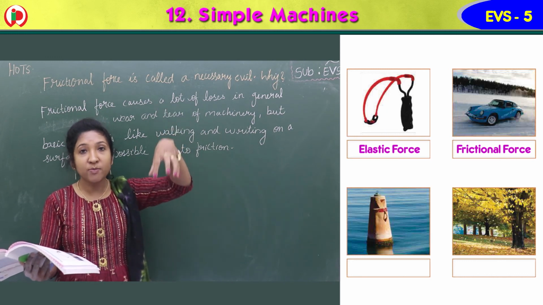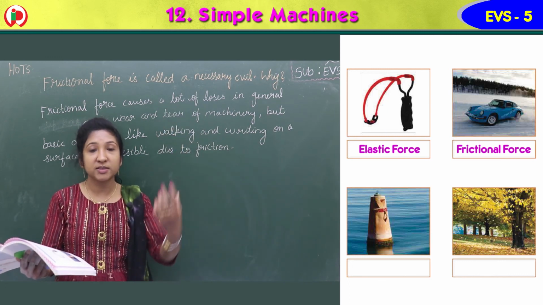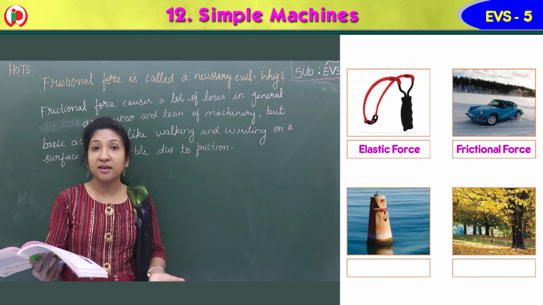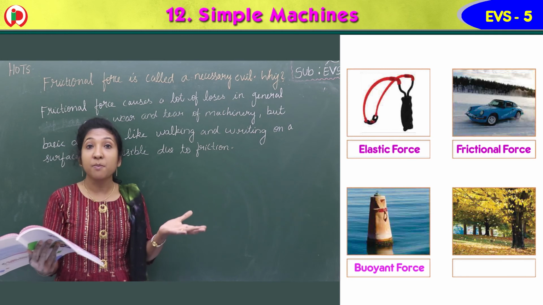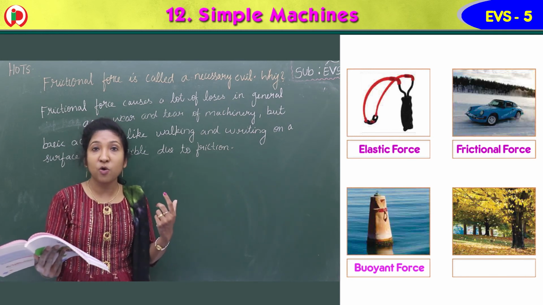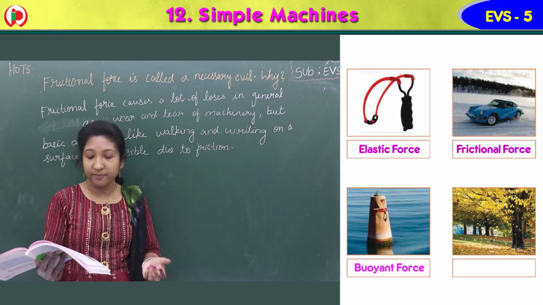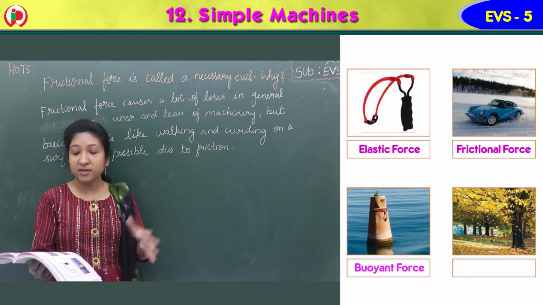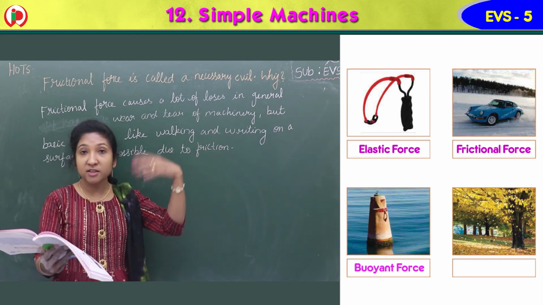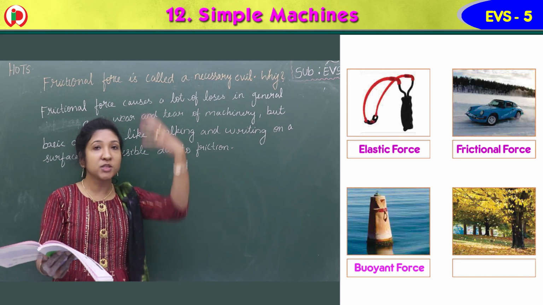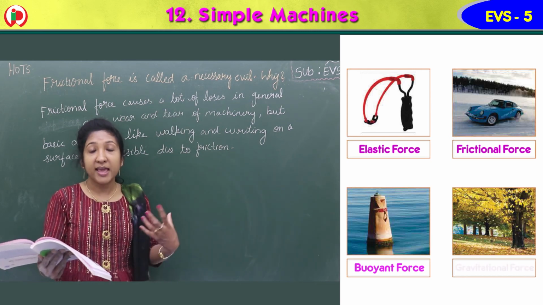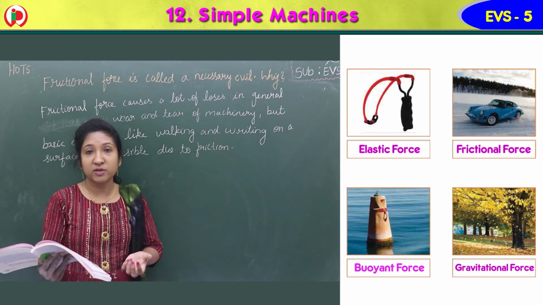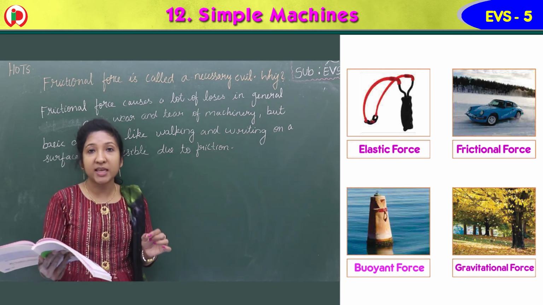If you push the object down, we feel an opposing force. Yes, it is buoyant force, B-U-O-Y-A-N-T. So the third image is buoyant force. Then the last image, you can see trees and fruits falling down, leaves falling down from the trees because of, yes, gravitational force. So write gravitational force below the image.